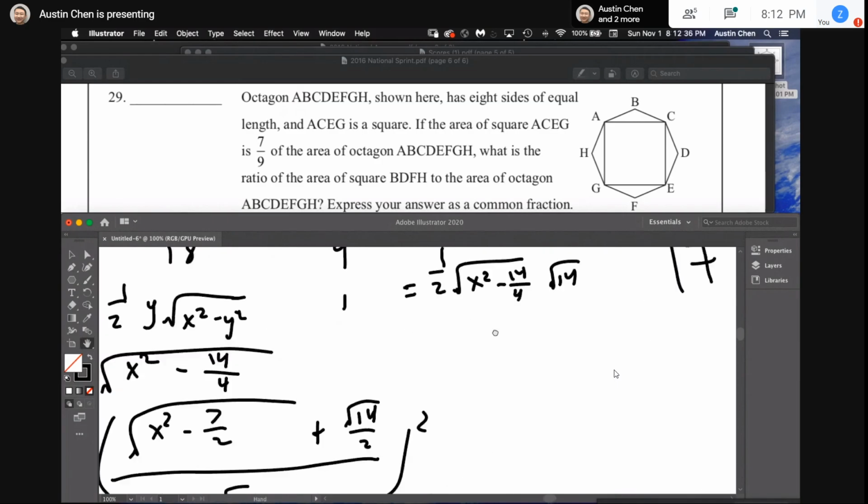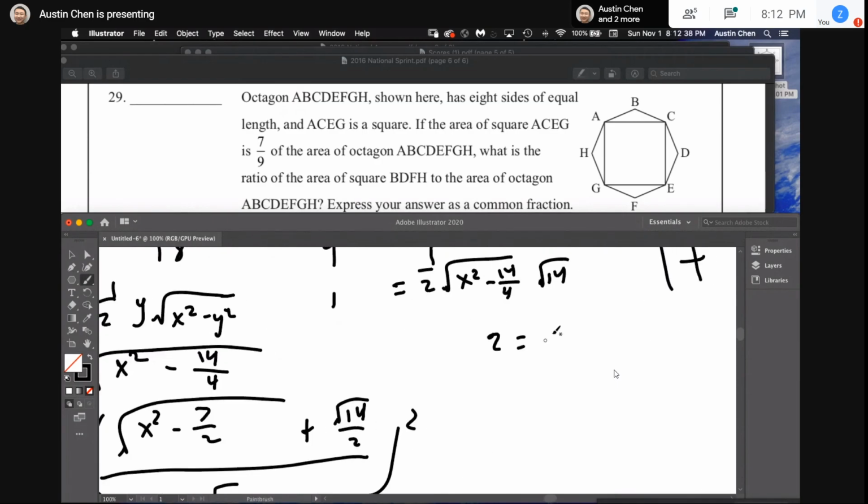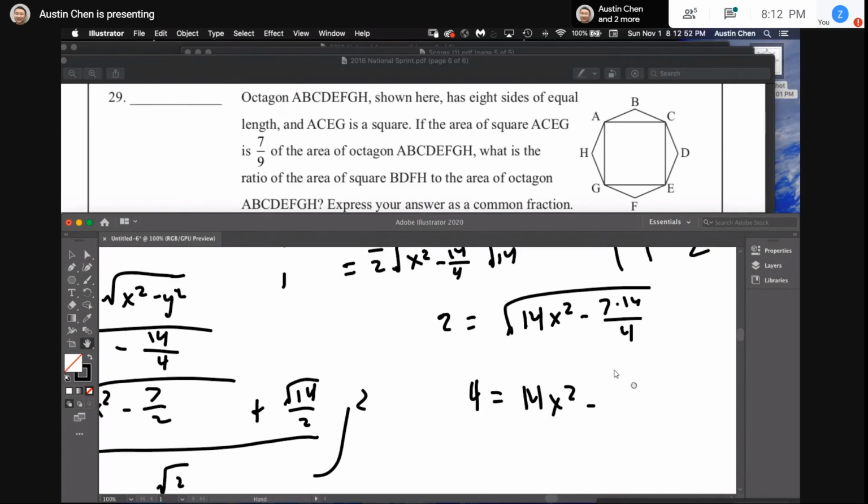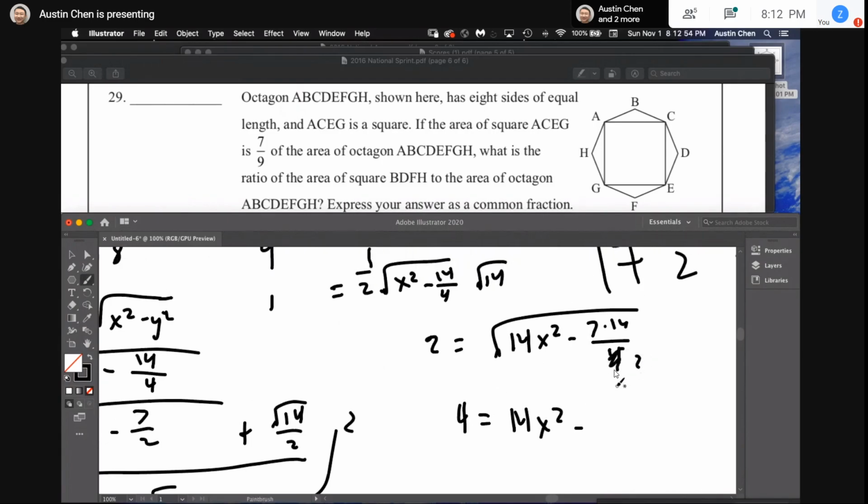And we have 2 equals root 14 times the square root of x squared minus 7 times 14 over 4. Or not 4, this will be 2. And this will be 49.